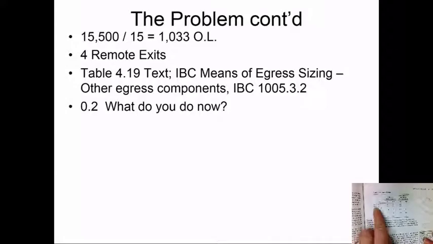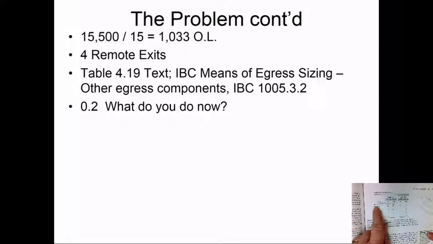So this is kind of telling you area. This is the number of widths of stairs, the width of the stairs, using, of course, this in inches. And it says width per person, of course, level components and ramps. Level components means doorways, ways of getting out. It could be an open amphitheater and you don't have a door per se, but an opening in between something. So this is it in inches.